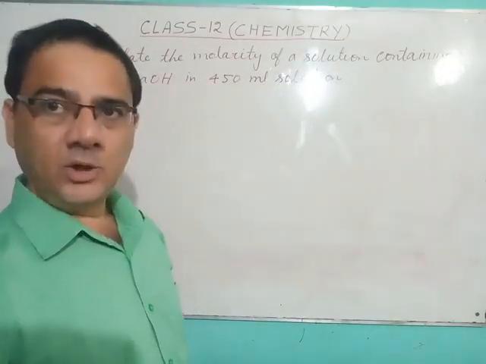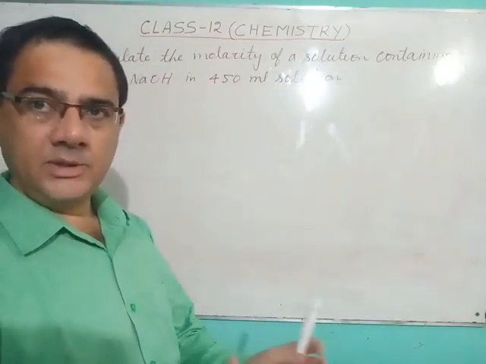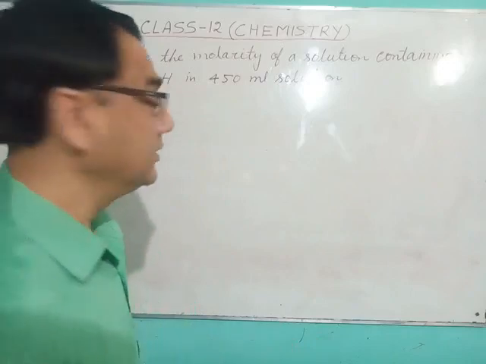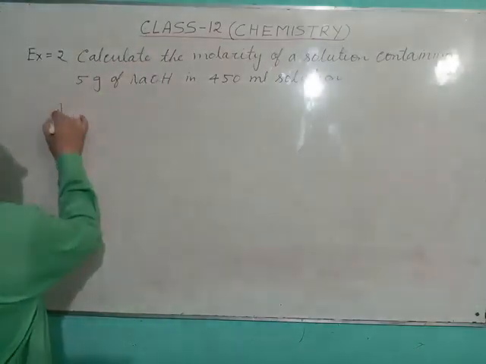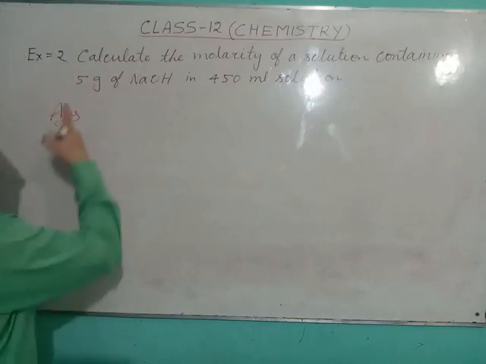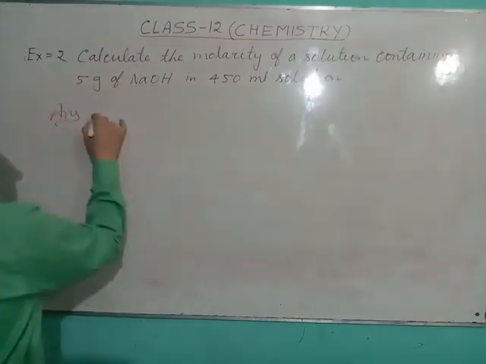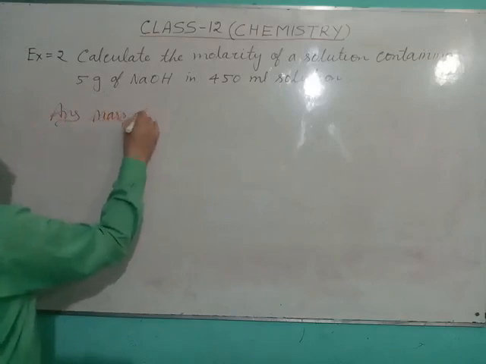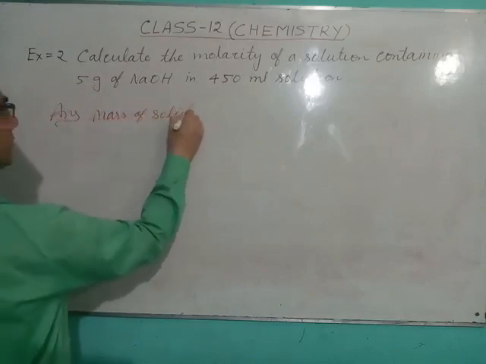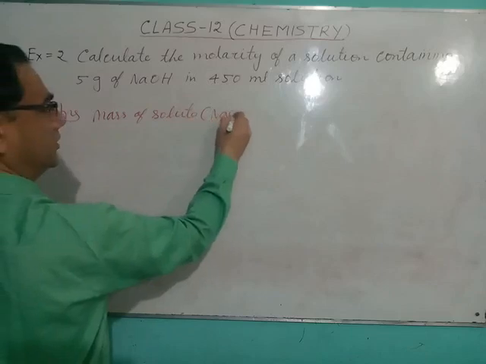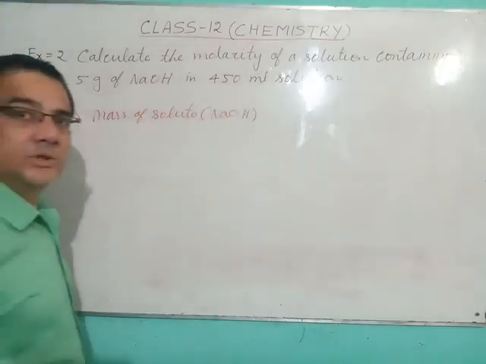So first we write the observation. Observation means the things which are given, first we write that. So answer: 5 gram of NaOH, 450 ml of solution. It means the mass of solute, and what is solute? That is NaOH.